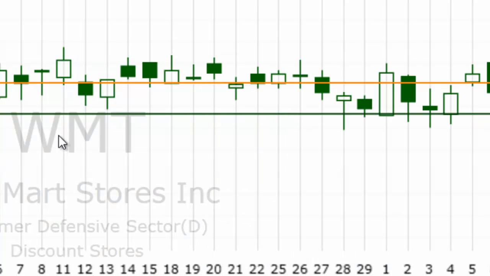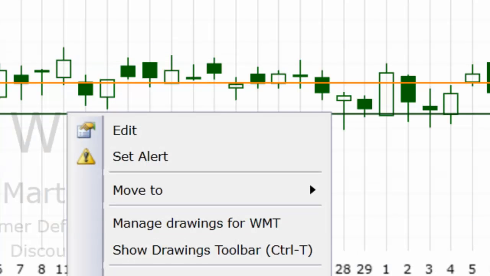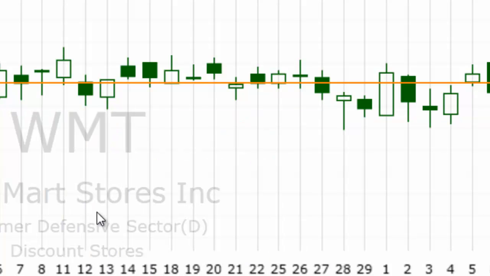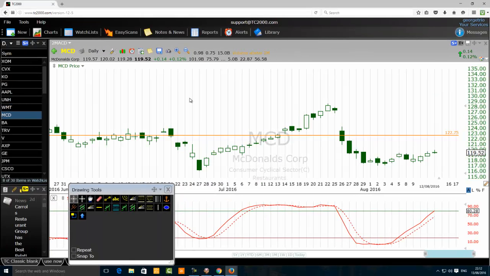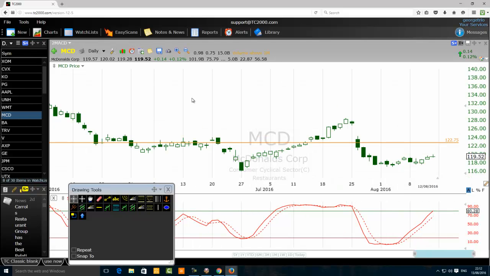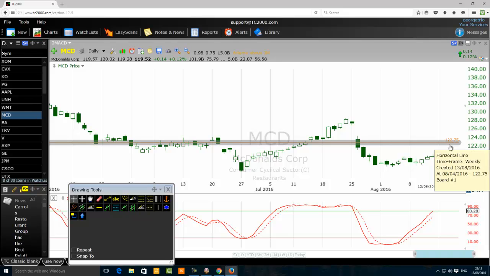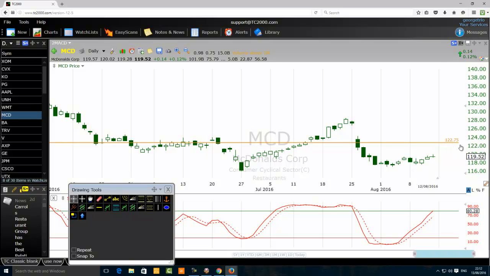So this is about Walmart Store and the short-term technical fair value, talking about proprietary support and resistance levels. The short-term equilibrium price level, or the short-term technical fair value, for Walmart is at 7355. Next component of the Dow Jones, talking about Wall Street, the short-term equilibrium price level for McDonald's Corporation is at $122.75.